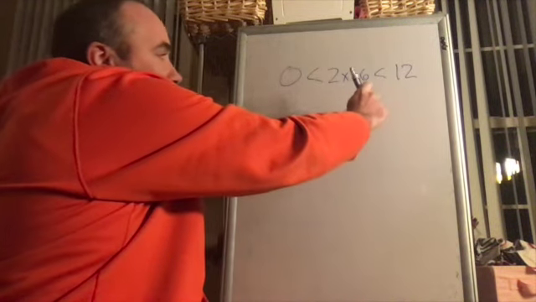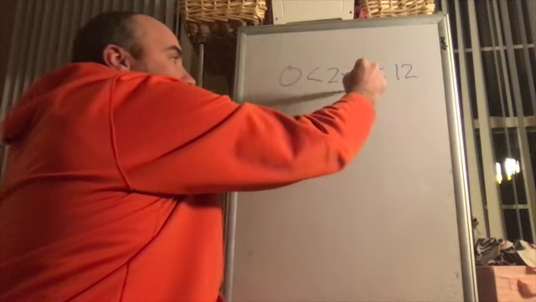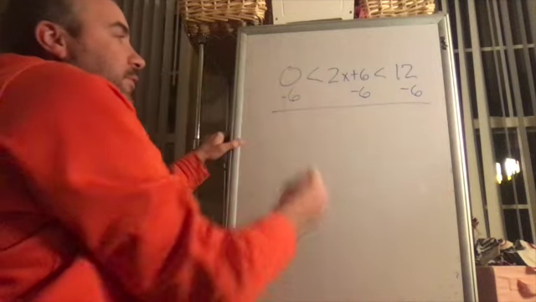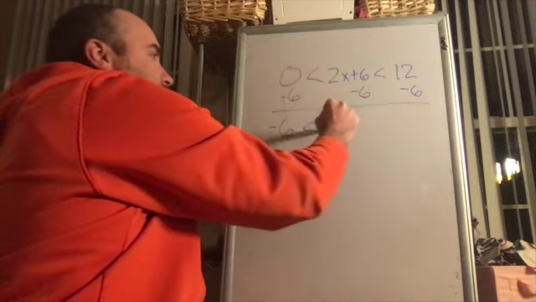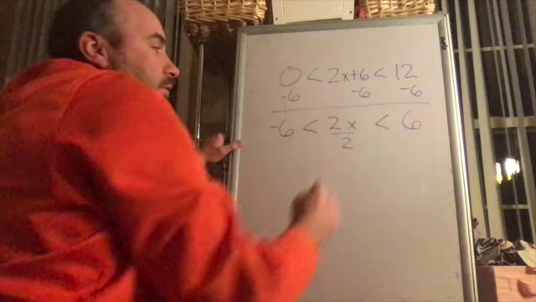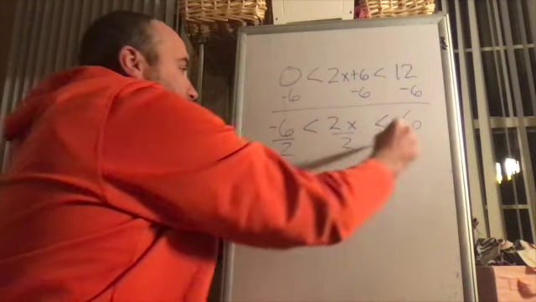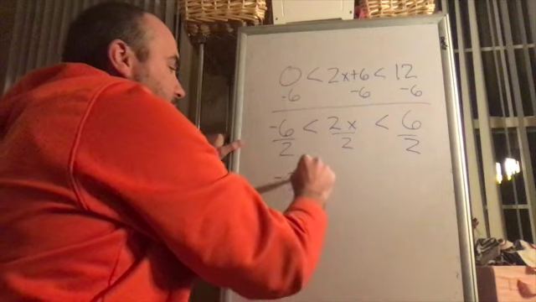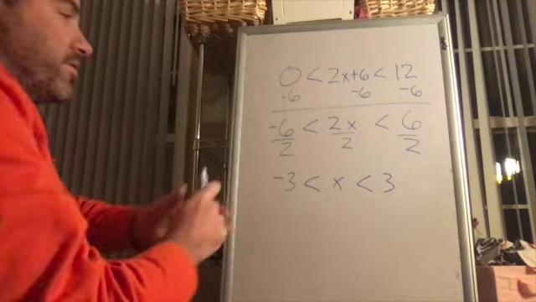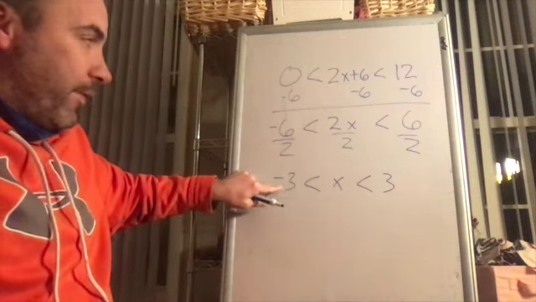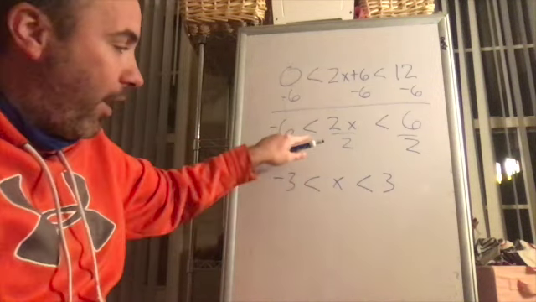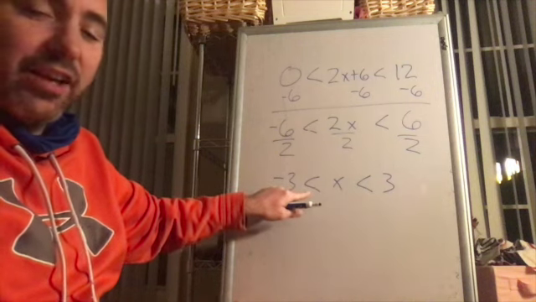When I've got this inequality, there are really two different parts, but the process is the same. To get x by itself, I need to subtract 6 first. So I end up with negative 6 is less than just 2x, which is less than 6. Then I have to divide by 2 to get x by itself. So I end up with negative 3 is less than x is less than positive 3. And once again, even though this 6 was negative, I didn't divide by a negative 2. That's why I kept the inequality sign the same as less than.